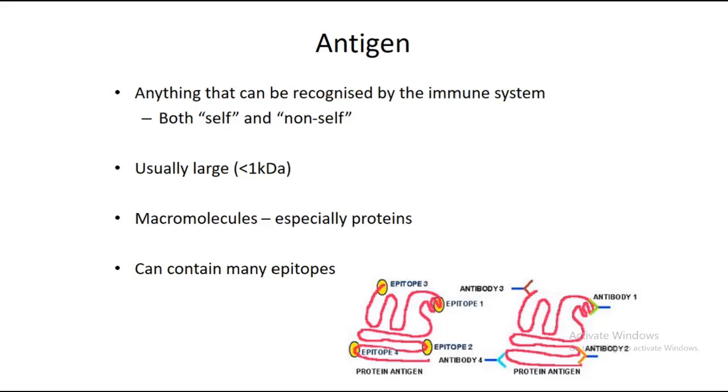But the one thing to note is that these antigens can contain many binding regions that the immune system recognizes. And these binding regions are called epitopes. So for instance, in the diagram presented, this antigen has 4 different regions that the immune system recognizes, indicated as epitope 1, epitope 2, epitope 3, and epitope 4.